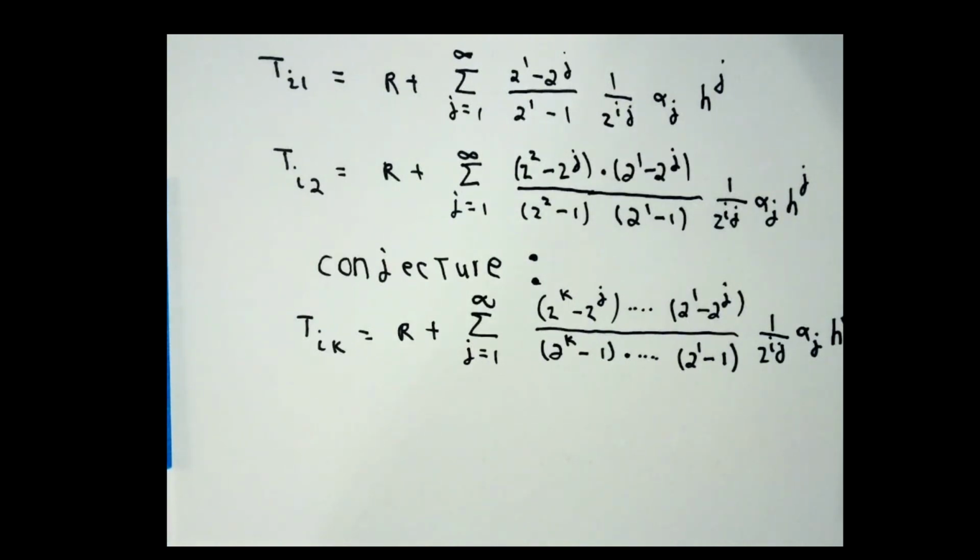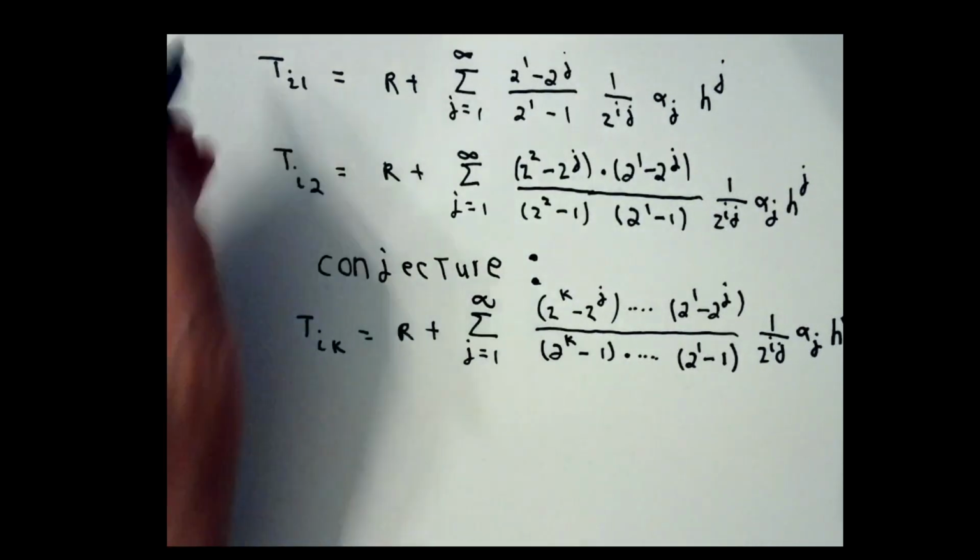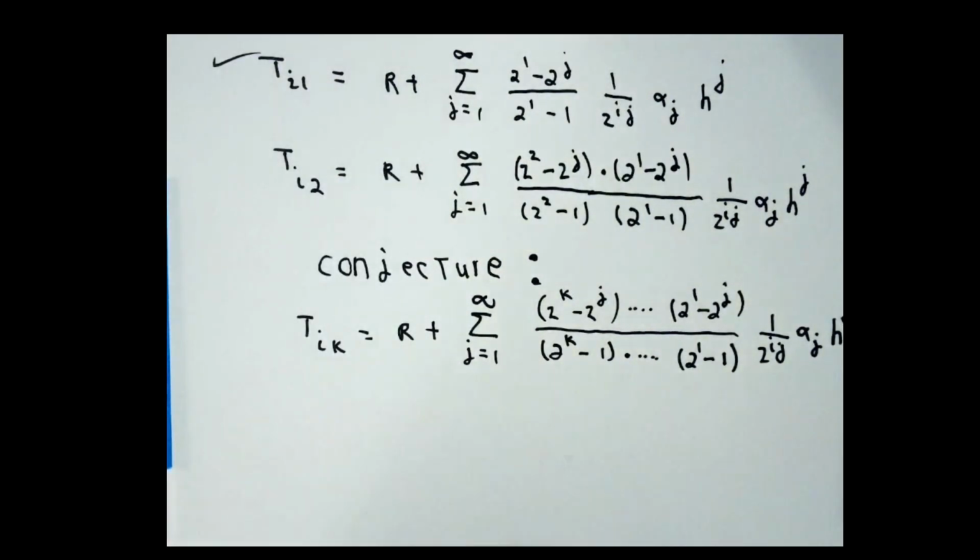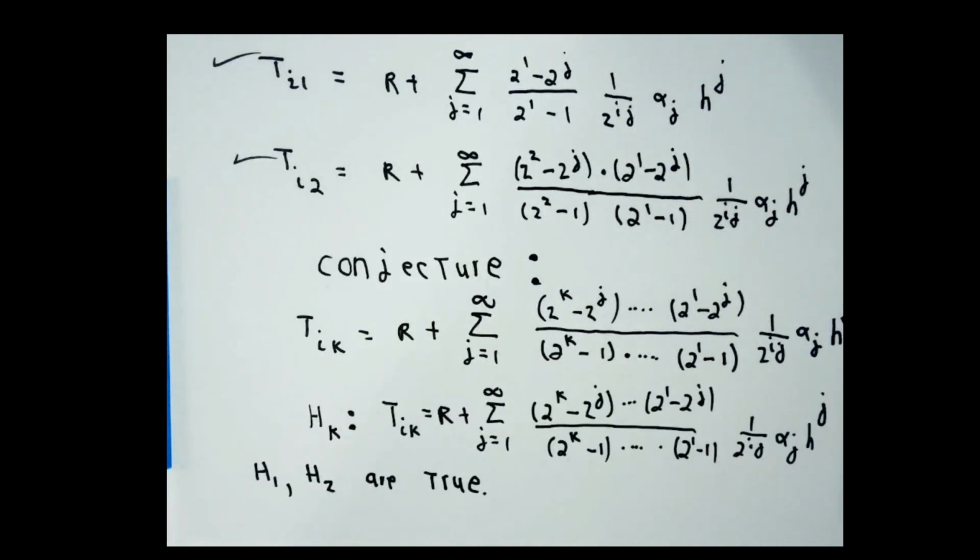I know it's true if k is equal to 1. I know it's true if k is equal to 2. In an exactly analogous way, I'm going to use mathematical induction to show that this is true for all columns in my table. Similar to what we did before, I'm going to have a hypothesis, H_k. H_k is the thought that the entry in the Richardson table is this formula that I'm guessing.